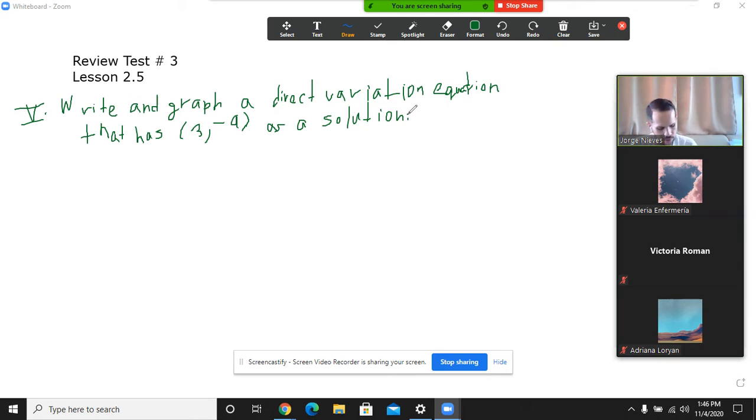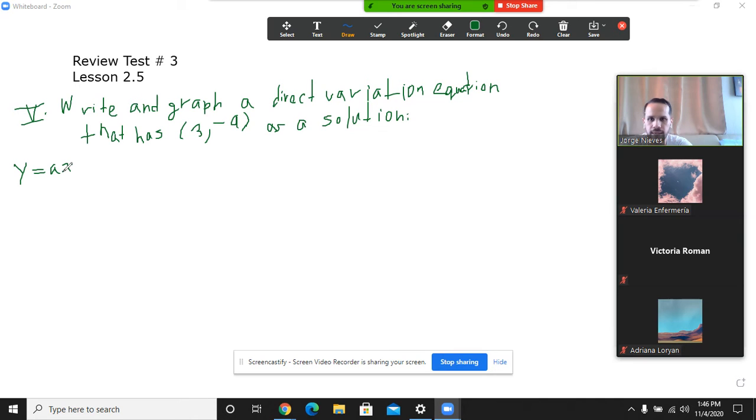So a direct variation equation is the following. I got y equals 8x, okay? So that's basically a direct variation equation, okay? In which you can see that this is a direct variation equation, okay?